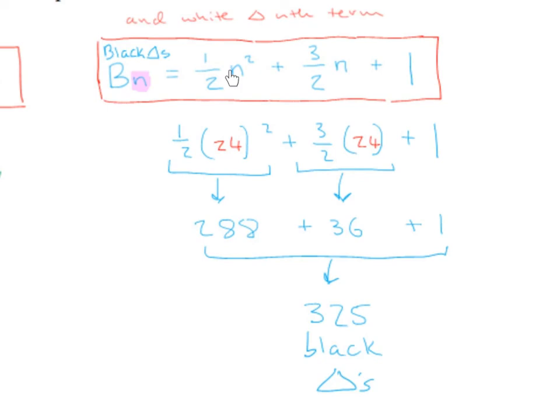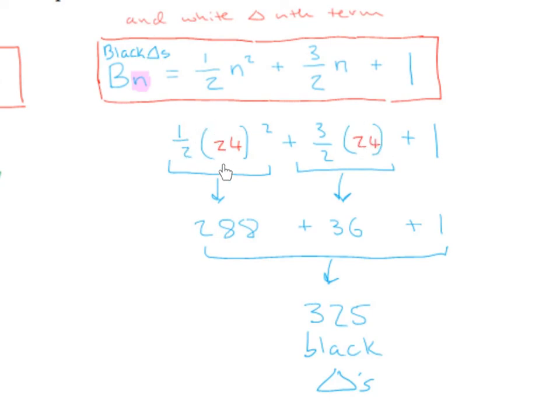Then we have our black triangle nth term formula. So that is a half n squared plus 3 over 2n plus 1. We were given most of this formula. We were just not given the 1 at the end. This was actually given to us as a plus c. So a half n squared plus 3 over 2n plus 1. Again, we swap each of those n's for 24, but we must put brackets around the 24.